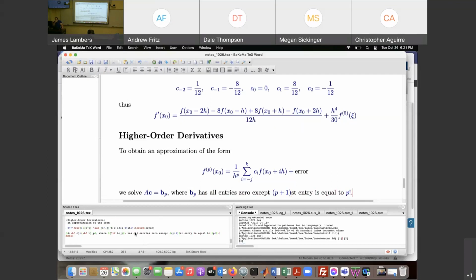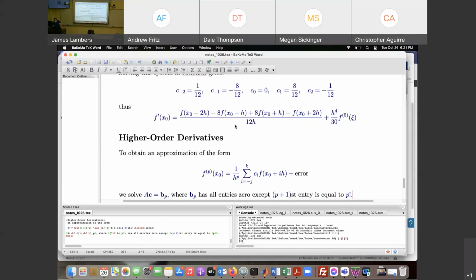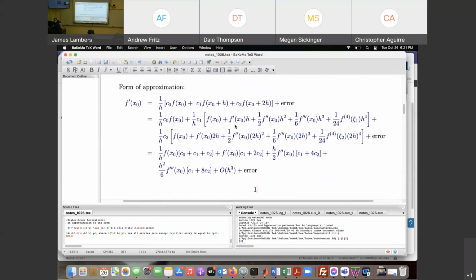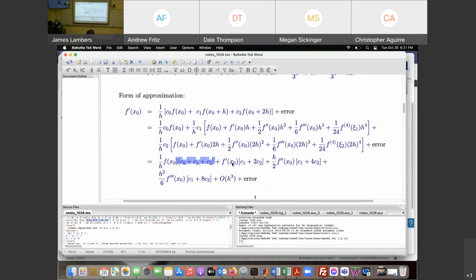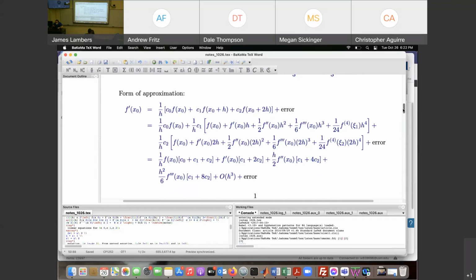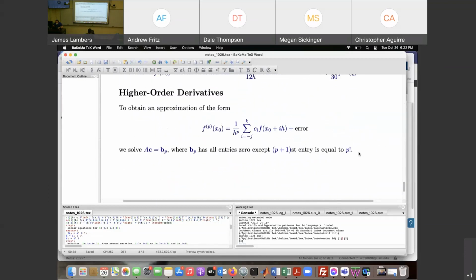The reason for that is if you look at the Taylor expansion from the first example, even though that was the first derivative, suppose we actually wanted a second derivative. We would want this term to go away, this term to go away, and this needs to be equal to 2 to cancel with the 2 out here. And then because we have a 1 over h squared out front, this h would go away also. So that's what changes the right-hand side in that case.